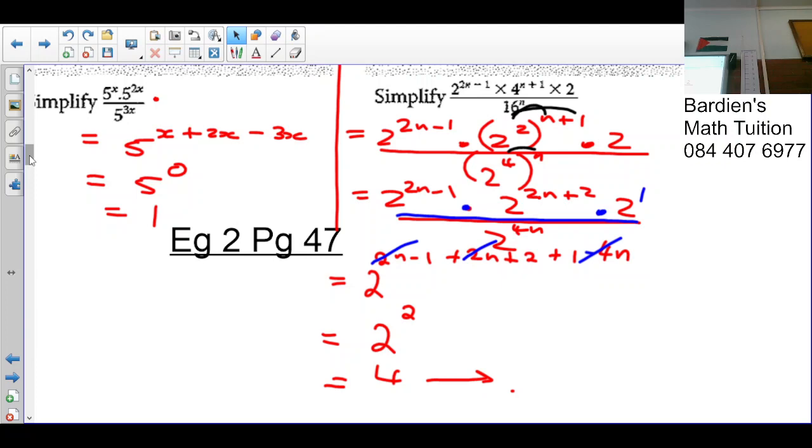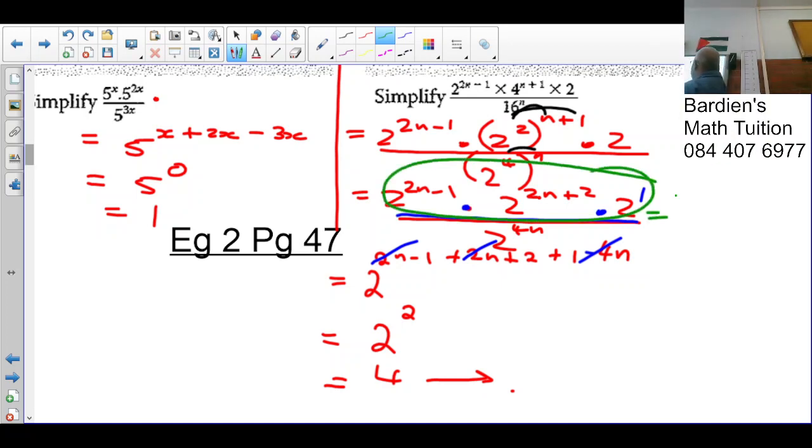Now, you can't get this wrong in the exam. If you want to do the numerator first, it's a bit boring. So you do this first.